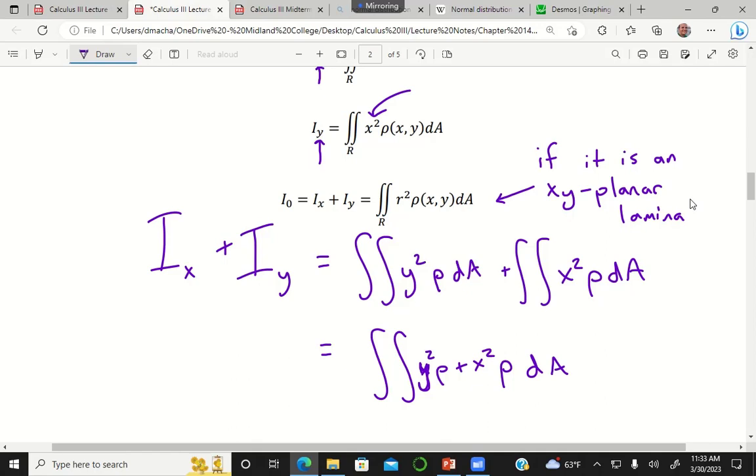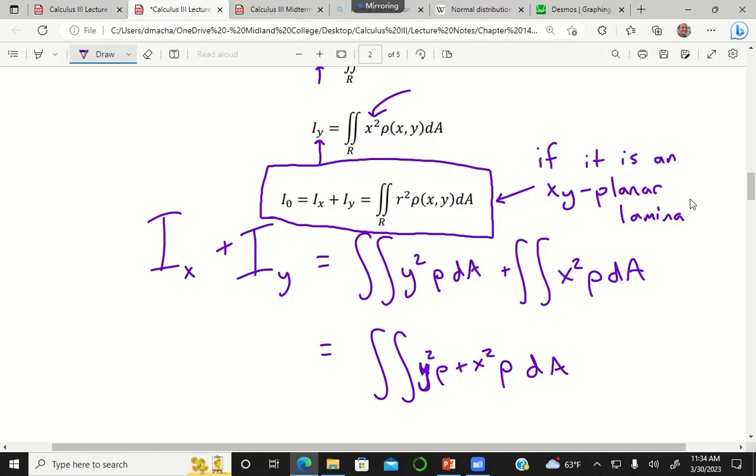And so for the moment of inertia about the z-axis, I'm sure there's some good physical reason why this is the sum of the other two moments of inertia. And it turns out that the sum of those ends up giving you the double integral of r squared times your density.